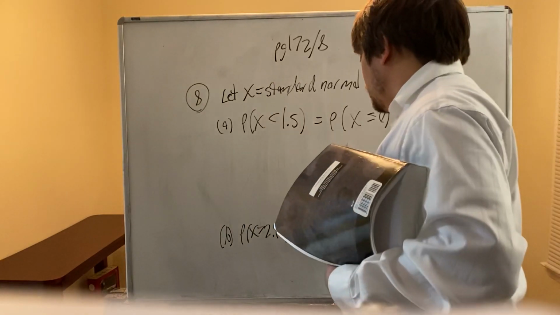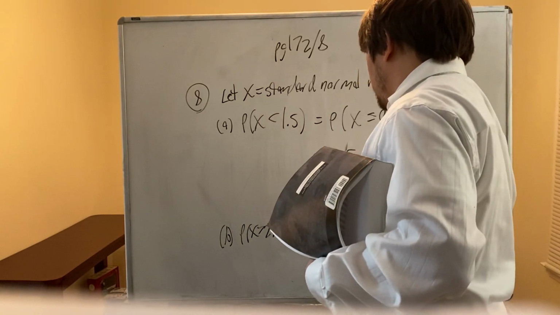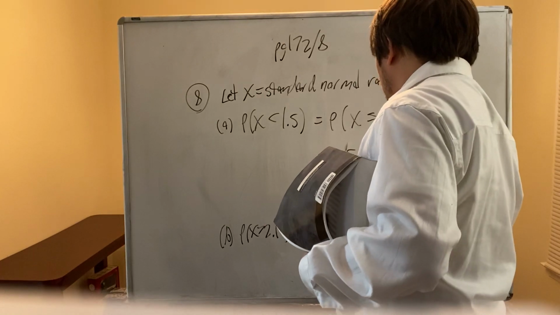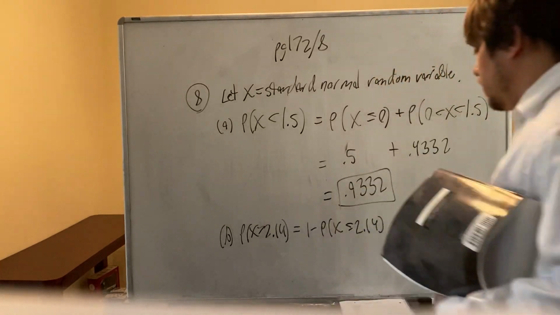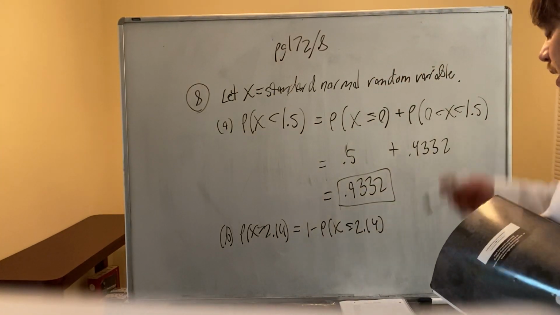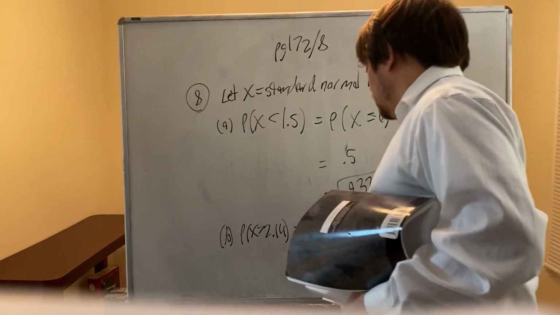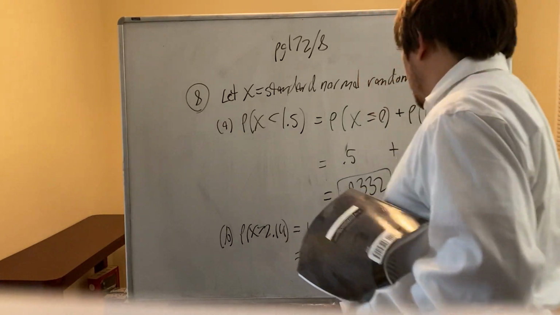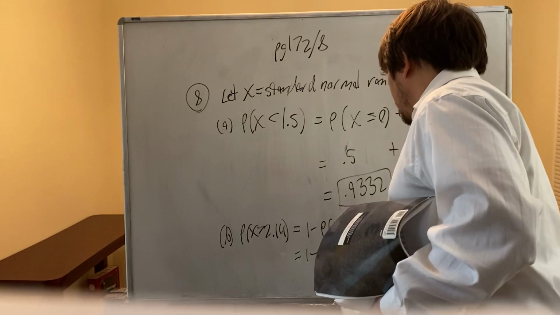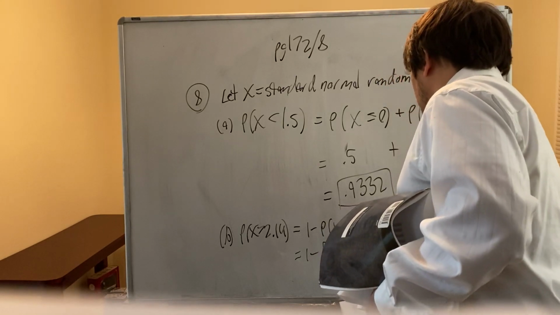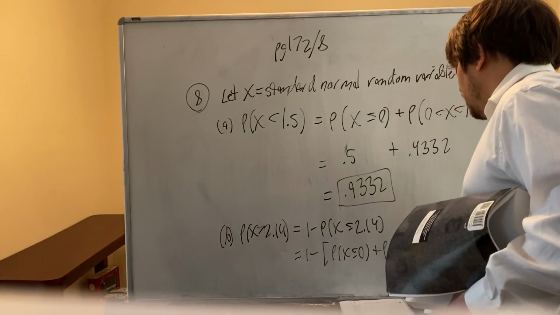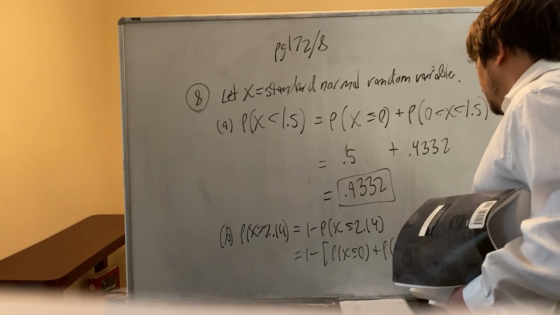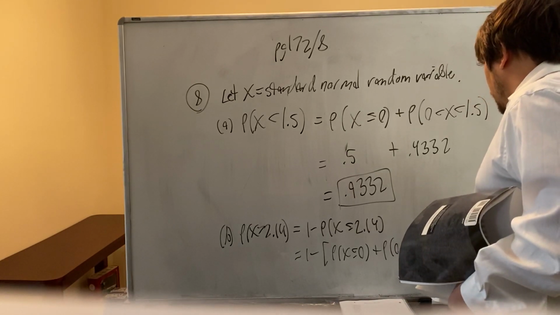So this is equal to 1 minus the probability that X is less than or equal to 2.14. And that's equal to 1 minus the probability that X is less than or equal to 0, plus the probability that 0 is less than X, and less than or equal to 2.14.